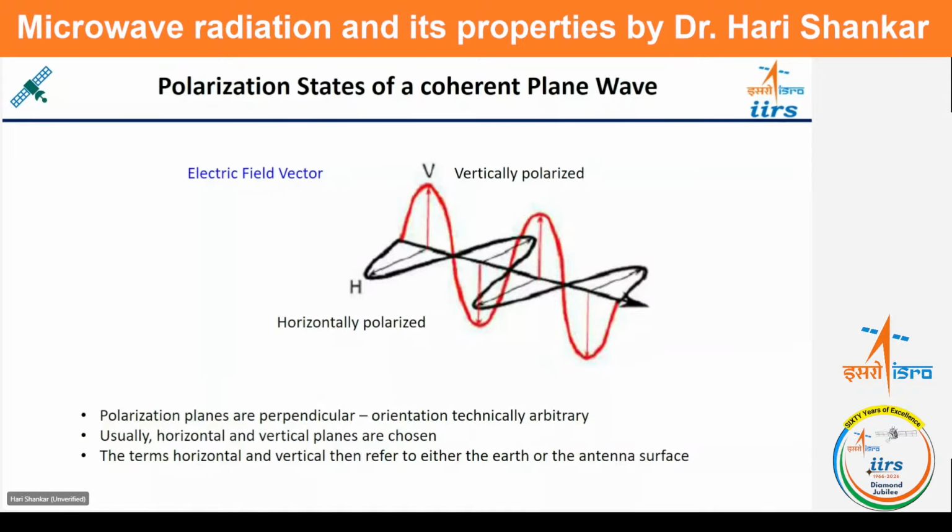If the vibration is in the horizontal direction, it is horizontally polarized. If the vibrations are along the vertical direction, it is vertically polarized. If you allow both horizontal and vertical, then the resultant of horizontal and vertical will be somewhere else, and that resultant will change according to the strength of the signal. Suppose here it is maximum and here it is maximum, so the resultant will be maximum.